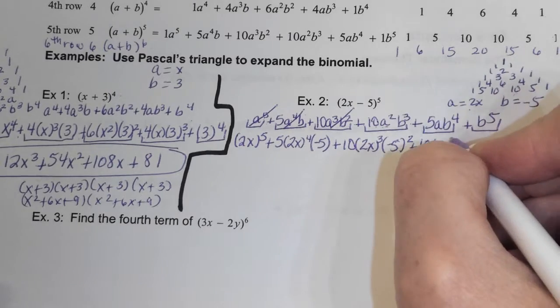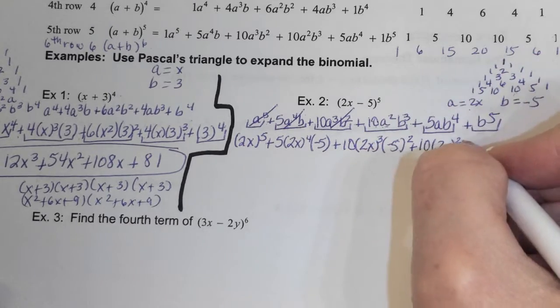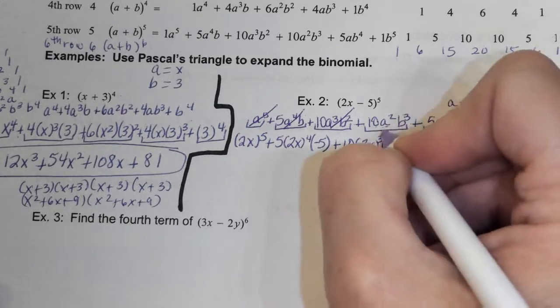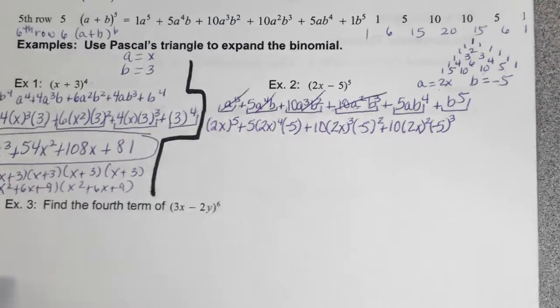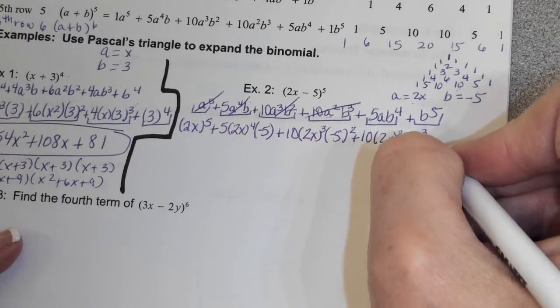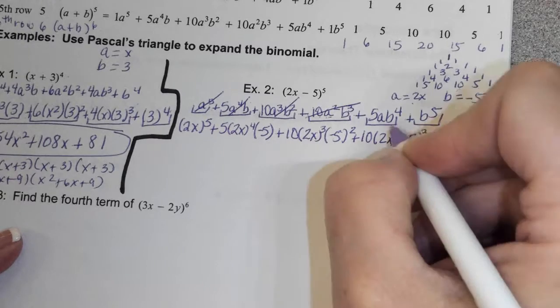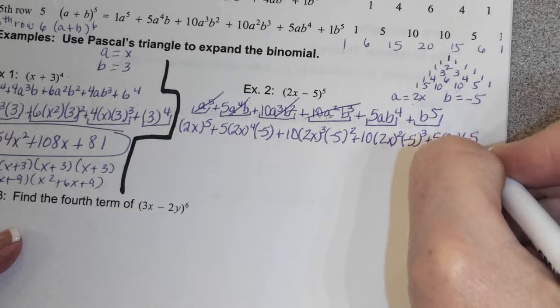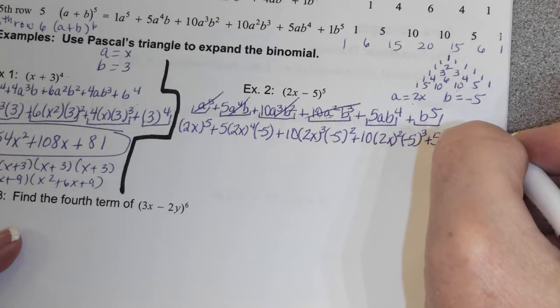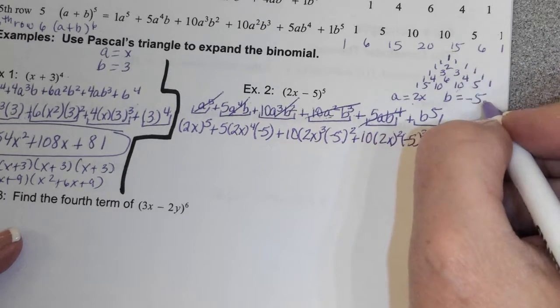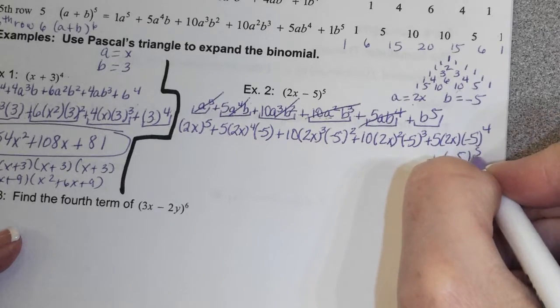It's got to get squared. B is negative 5. It's got to get cubed. Almost there. Plus 5A. B is negative 5. It's got to go to the 4th. And then plus, last term now, negative 5 has to go to the 5th.